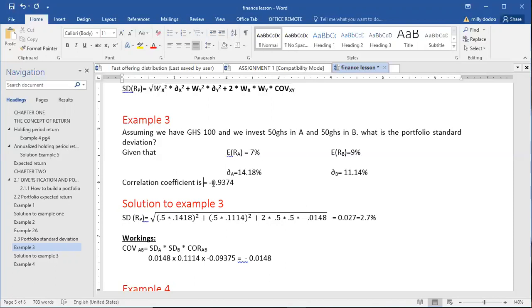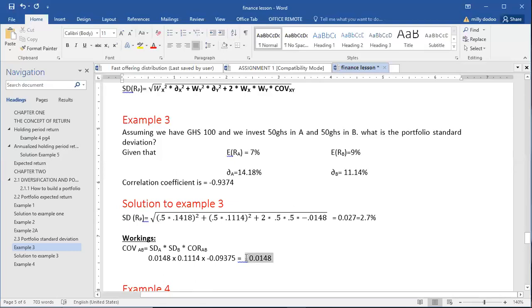It can be a typographical error, and if you see that the positive should be negative, you do it negative, and you are good to go. You are correct, because you know what you are doing. But for academic purposes, if you don't know, whatever they give you, you do it. But when you know and you want to challenge that one, I don't have a problem with that. But you must challenge based on facts. So when you find your covariance, you are going to get this answer to be your covariance.